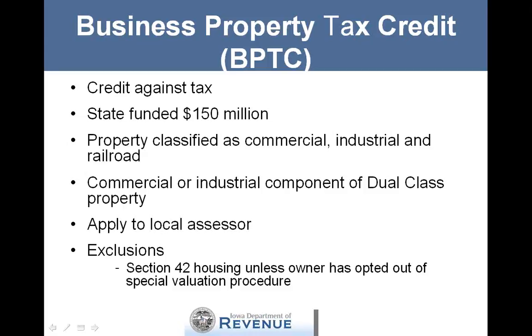Applications are received by the local assessor, and the one thing that we have that's included is Section 42 housing, but there is the option for the owner of Section 42 housing to opt out of that special valuation procedure in lieu of receiving the business property tax credit. Now, one thing we do want to share is that if someone makes that decision, it's a permanent decision. There's no going back. So the only time a Section 42 housing would apply is if the owner has opted out.